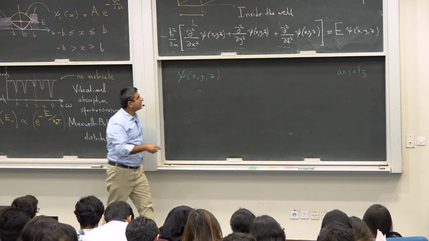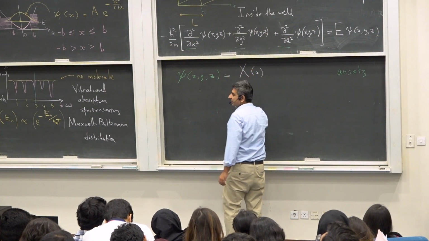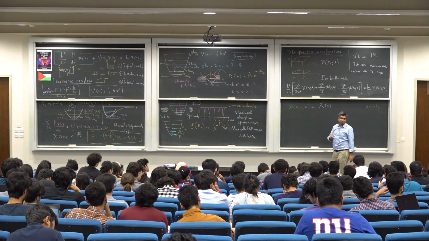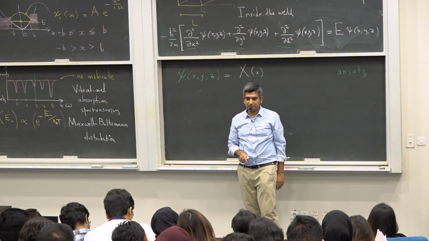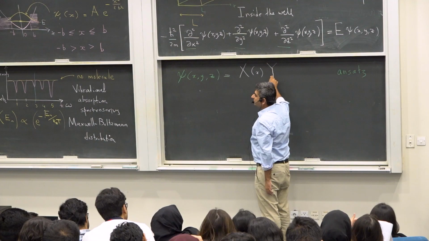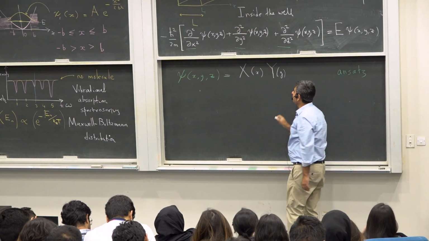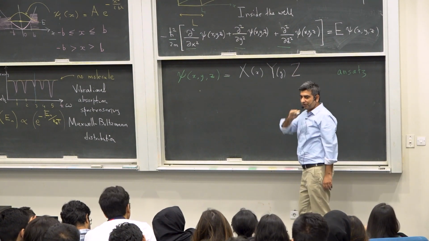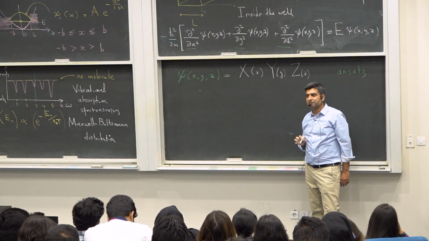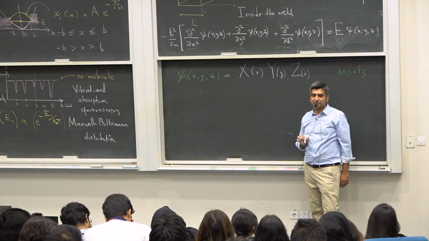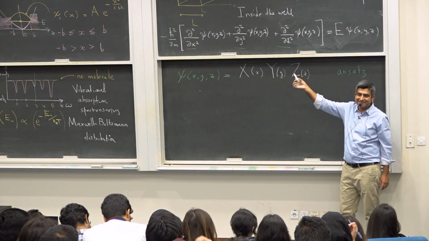A part that only depends upon small x, let's call that part of the wave function capital X, with variable small x, multiplied by a wave function Y that only has small y dependence, multiplied by a wave function Z that only has z dependence. This is called separation of variables. Let's propose this as an ansatz and see if it works.